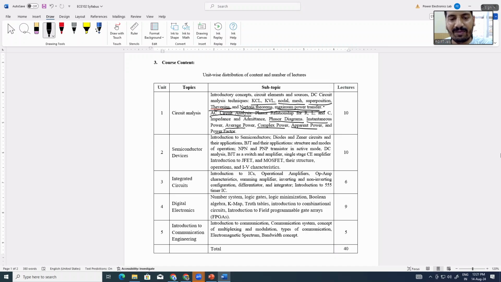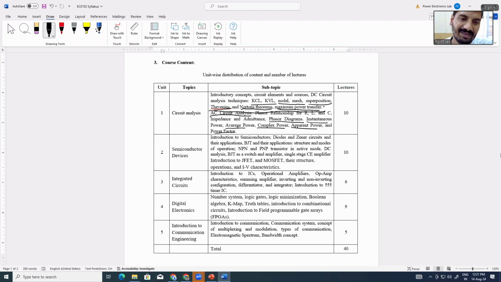Resistance by impedance, R by Z. Yes, sir. Okay, so cos theta is equal to R by Z. Real power by apparent power.